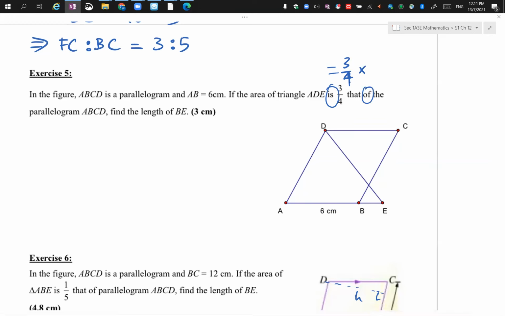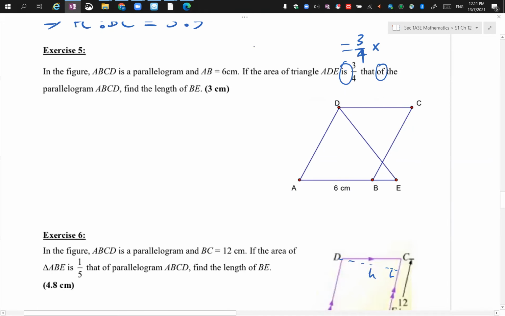Understand what's happening? So let me fill in the blanks. Area triangle equals 3/4 times area parallelogram. Okay. Then after they say, find the length of BE.